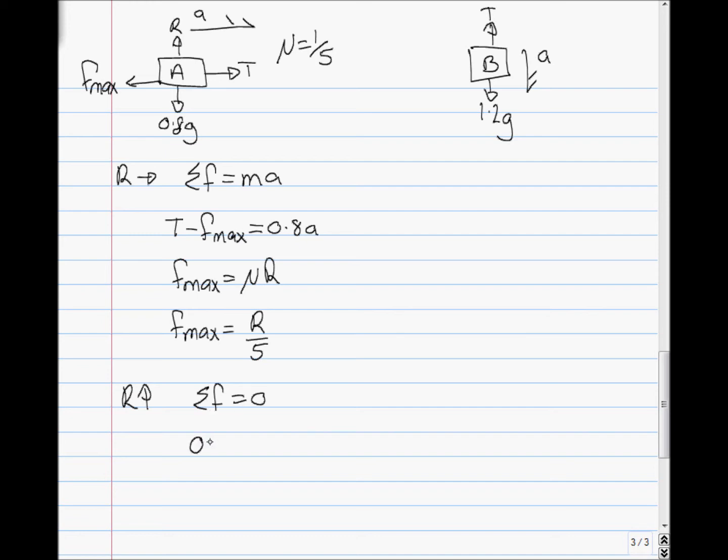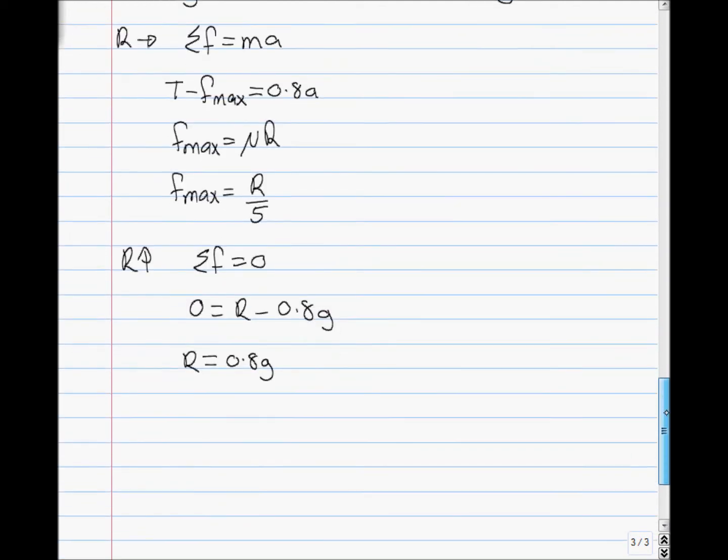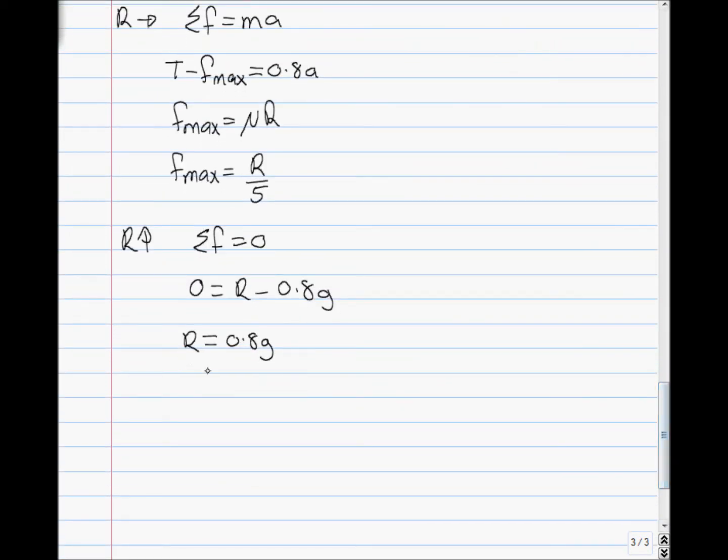So 0 equals R minus 0.8 G, so R equals 0.8 G. I can sub that back into F max, so let's get rid of the diagrams there.